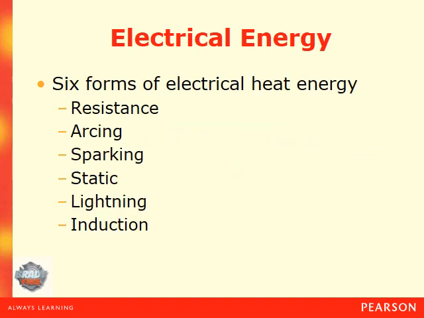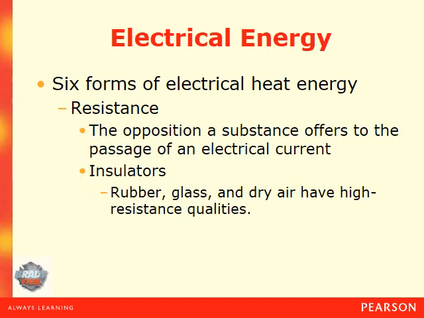Now, there are six forms of electrical heat energy: resistance, arcing, sparking, static, lightning, and induction. Resistance is the opposition a substance offers to the passage of an electrical current.